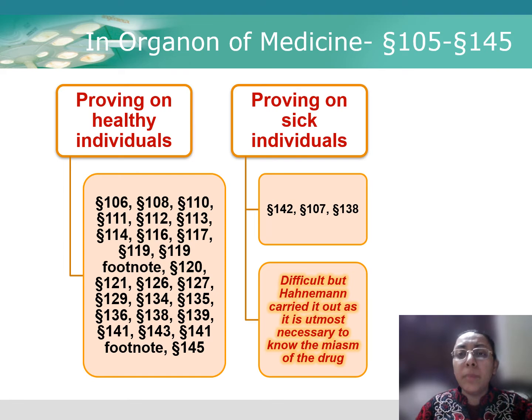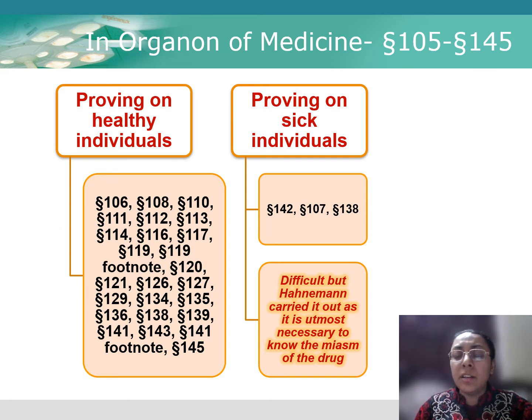In his Organon of Medicine, from aphorism 105 to aphorism 145, Hahnemann has talked about proving on the healthy individuals also and proving on the sick individuals also. So in this slide, I have enlisted those aphorisms. We see that proving on sick individuals has been talked about in 3 aphorisms.